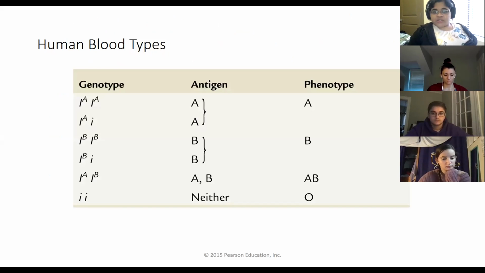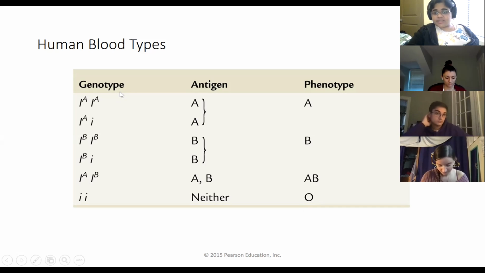Okay, so I don't know if you go over this in lecture, but human blood types are one of the examples of dominance and recessiveness. So you can have either homozygous for A. One of the things I should mention is that A and B are dominant and O is recessive.